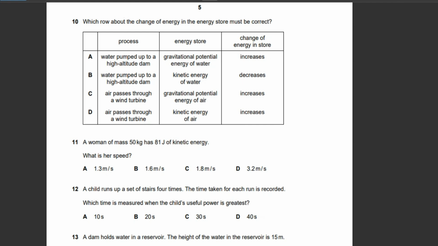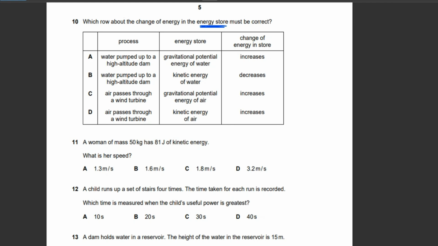So A, water pumps up to a high altitude dam. Energy store. Take note of that word, energy store. And gravitational potential energy of water, said energy store, gravitational potential energy of water increases.